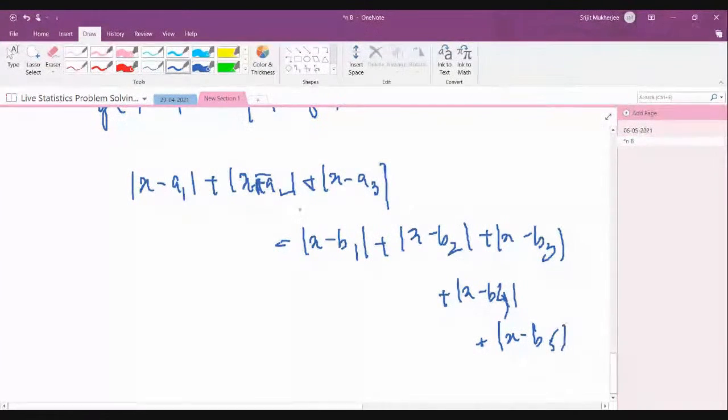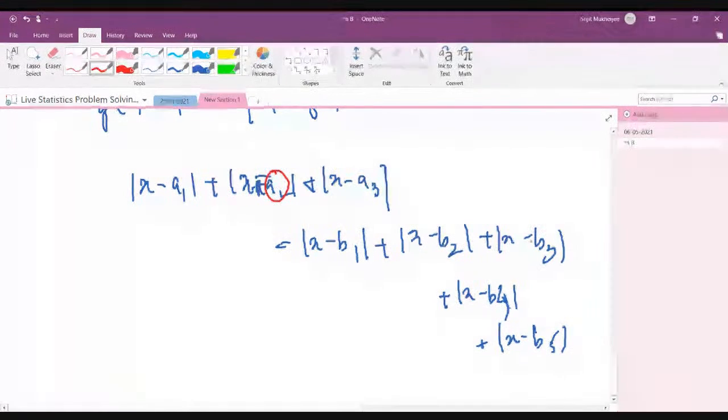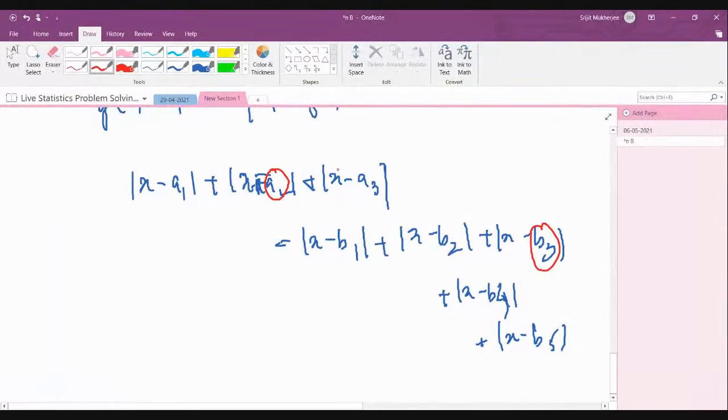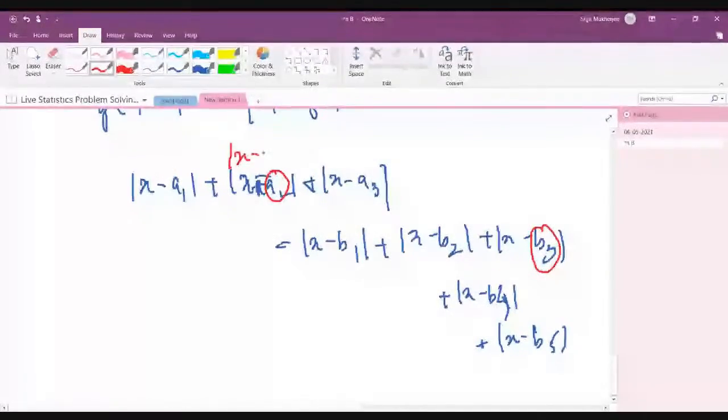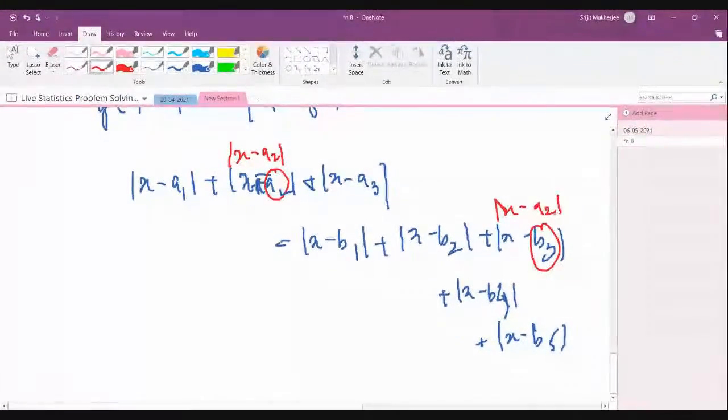Let's say this is the idea. Now we have understood that a2 must be equal to b3, since they are the medians. So x minus a2 is also here, and this is also x minus a2 since b3 is equal to a2. So therefore this will get cancelled, right? Did you understand this now?